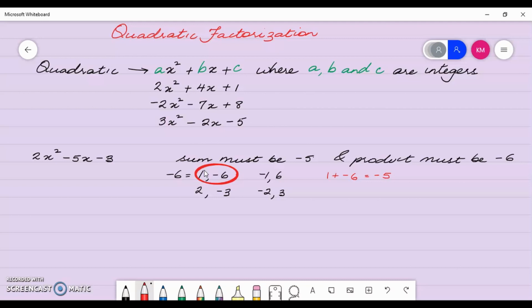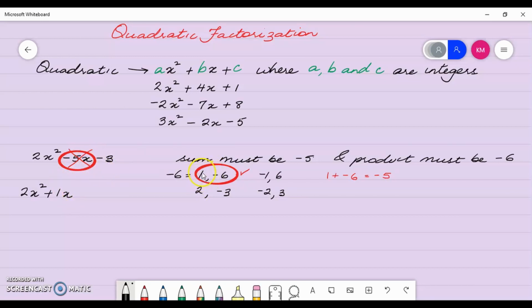So what I do now is I take that middle term and I replace it with this pair here. So I'm going to get 2x squared plus 1x. Remember, if I'm taking out a term that has x in it, I need to replace it with 2 terms that also have x in it.